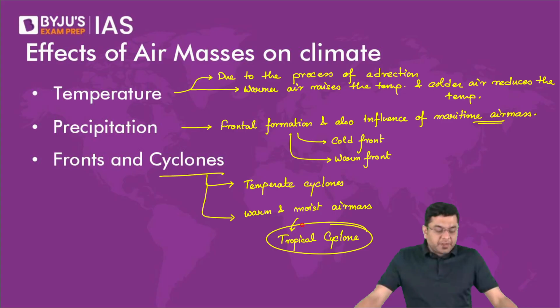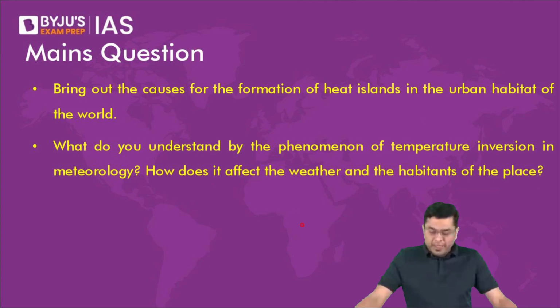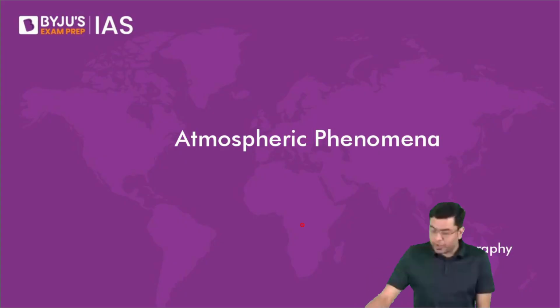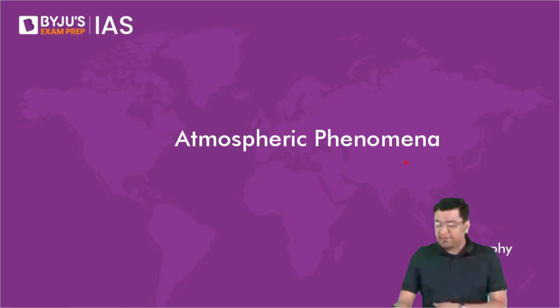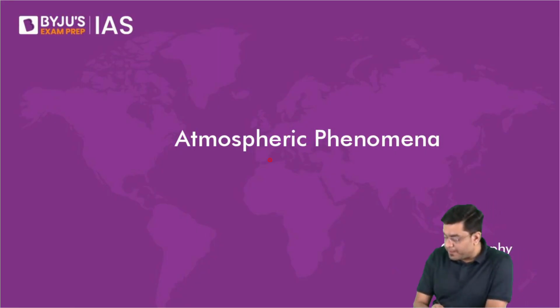Now, after this, we will discuss a few of the main types of questions associated with this. So later on, but now we come to the portion of atmospheric phenomena. Okay. Now, here, when we talk about the atmospheric phenomena, this is relevant both for your prelims as well as mains examination. So what is it that we are going to study here? So here we are going to study about Walker circulation. We are going to study about ENSO cycles.